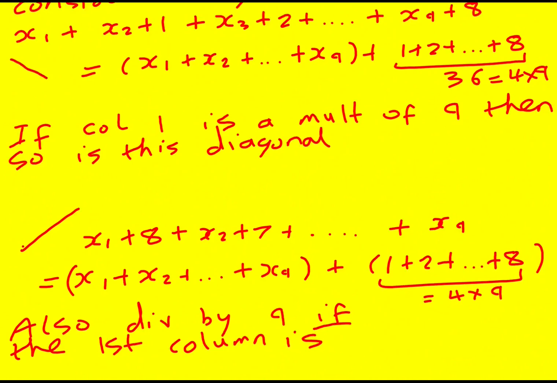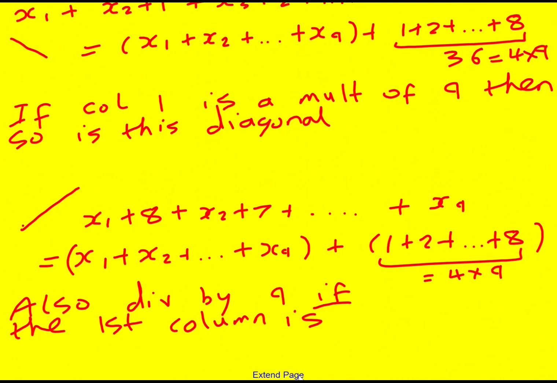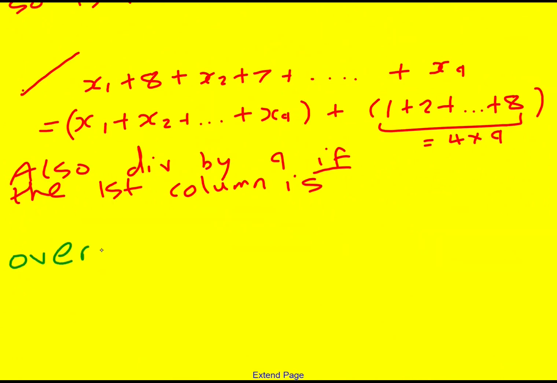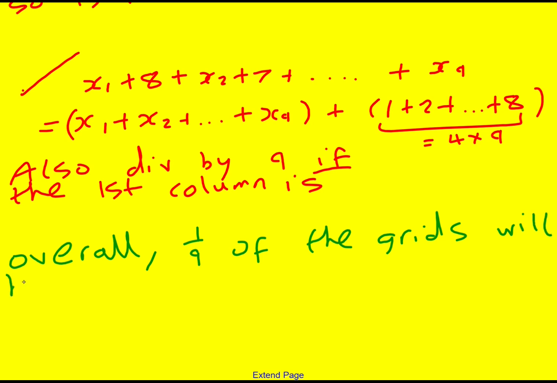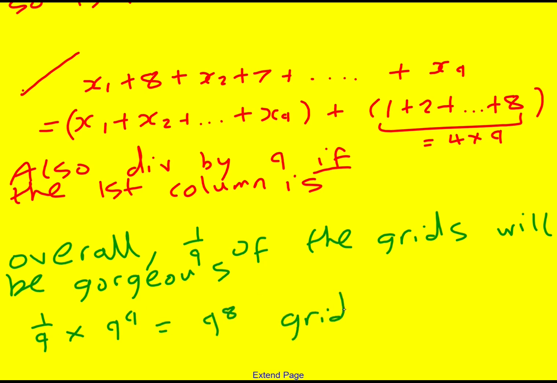Meaning, overall, 1/9 of the grids will be gorgeous. And therefore, 1/9 times 9 to the 9 equals 9 to the 8 grids.